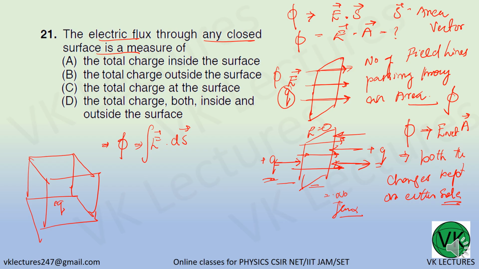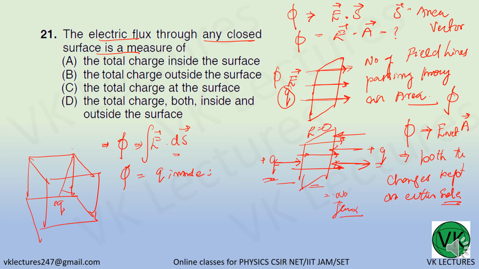Because electric field at all the surface points is not the same. It varies because when you keep a point charge here, the distances may not all be the same, only some specific distances are same. So phi will be equal to integral E bar dot ds bar. Now in this case, this phi is due to Q inside.